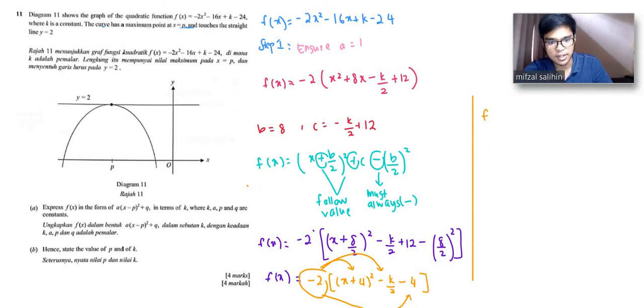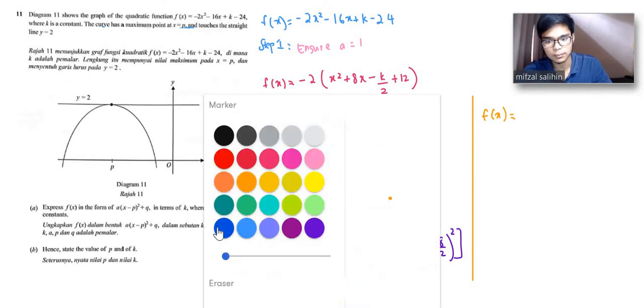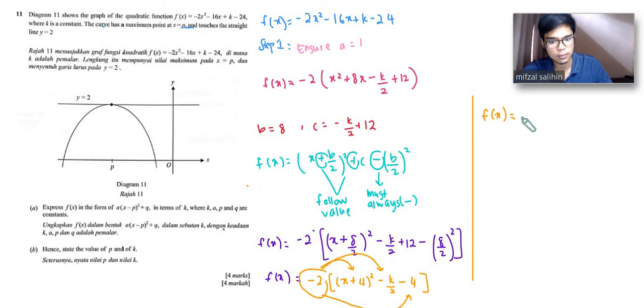Hence, our final answer is f(x) equals negative 2 (x plus 4) squared plus k. Negative 2 times negative 4 is positive 8. There you go. That's the end of the first question.